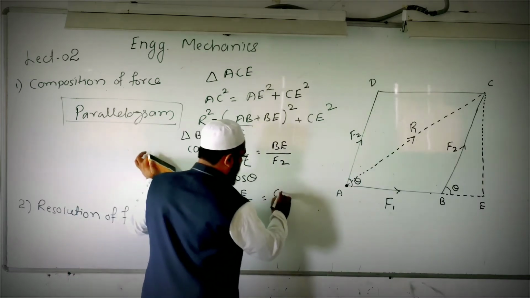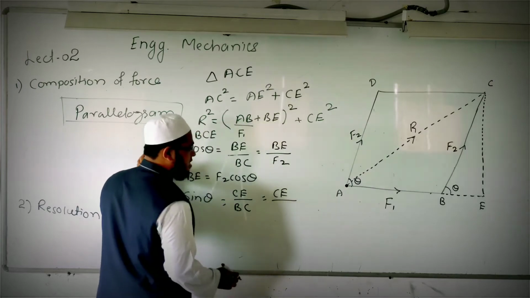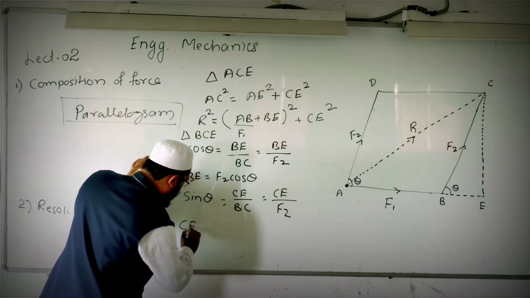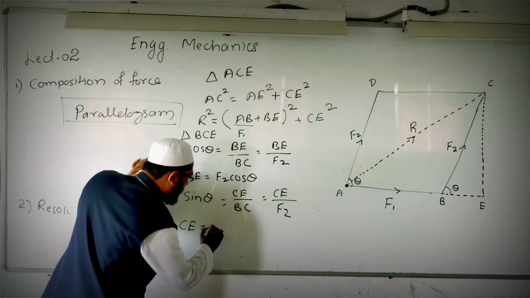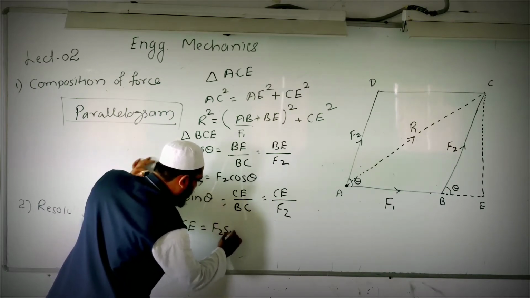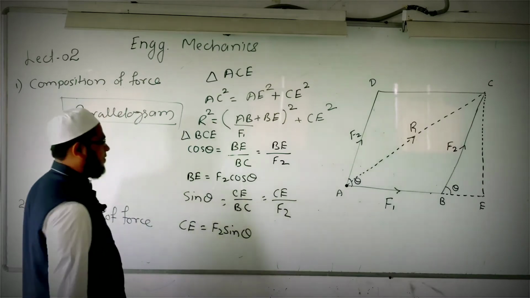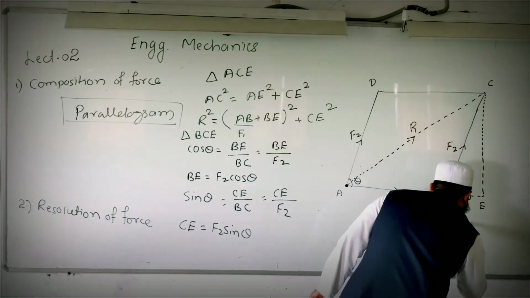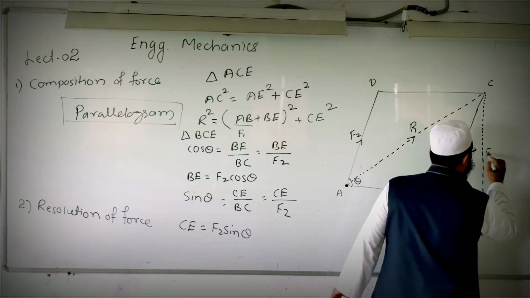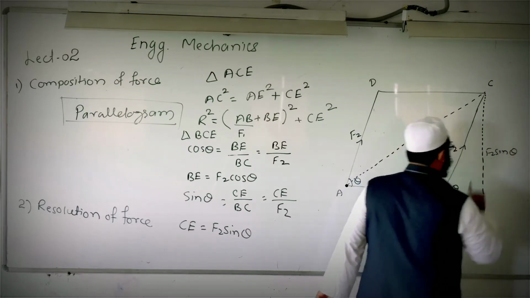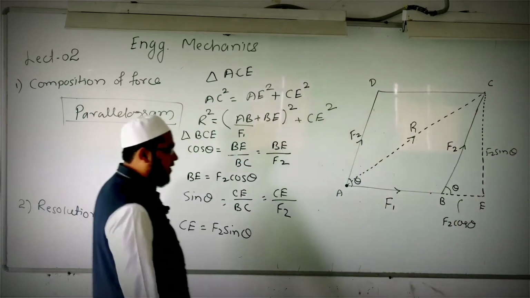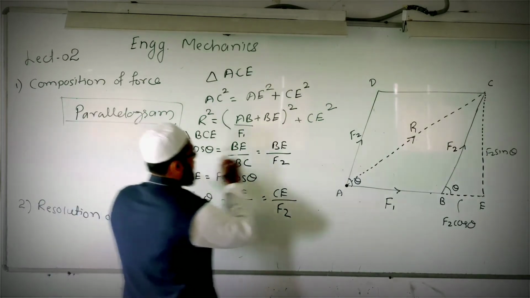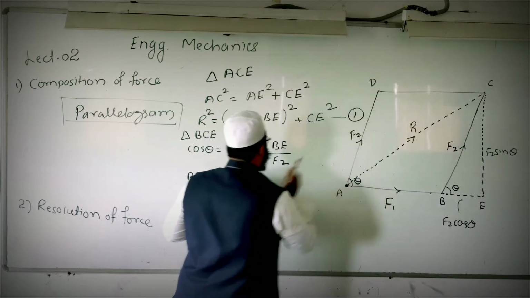CE we have to find, and BC is F2, therefore CE equals F2 sin theta. I will write here F2 cos theta, F2 sin theta. We will put the values of BE and CE in equation number 1.